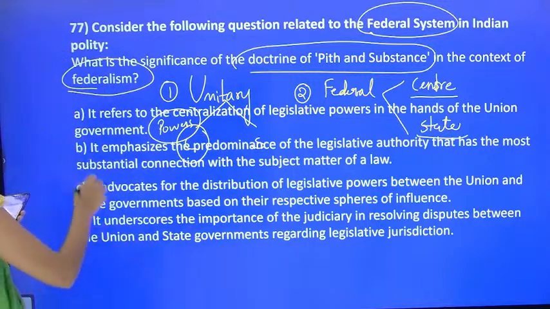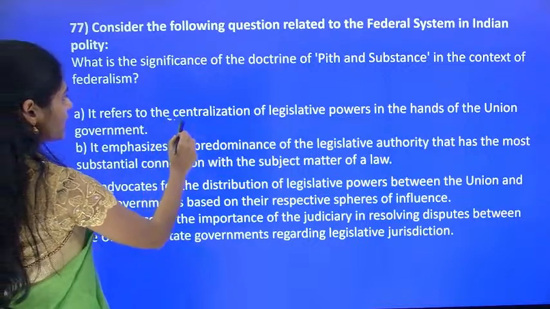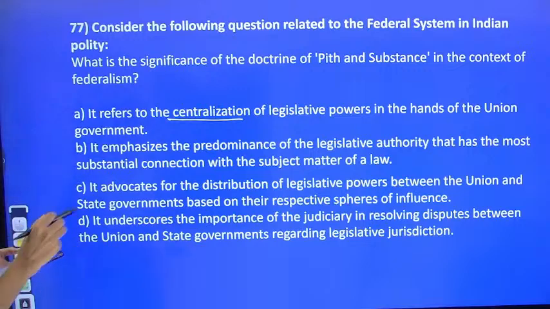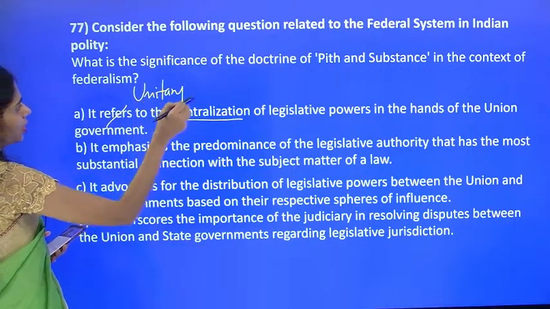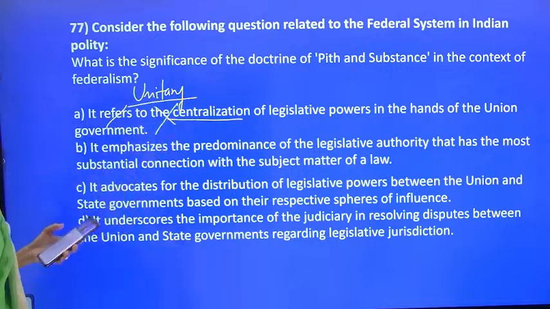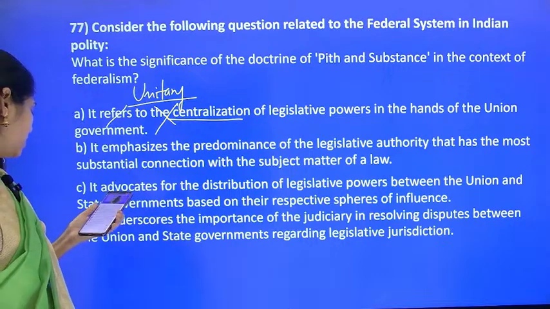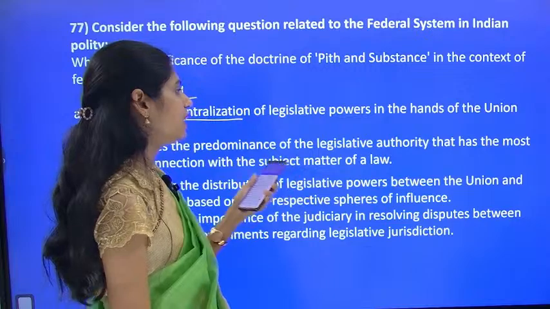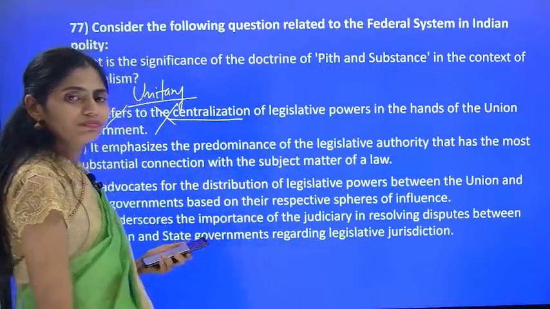Now let us see these options. Option A: it refers to centralization of legislative powers in the hands of the union government. This is an example of a unitary system of government but not federal, so you can eliminate this. Next: it emphasizes the predominance of legislative authority that has more substantial connection with the subject matter of law.